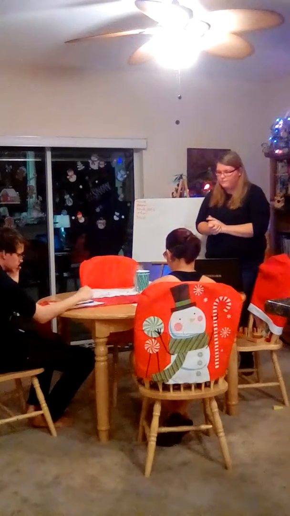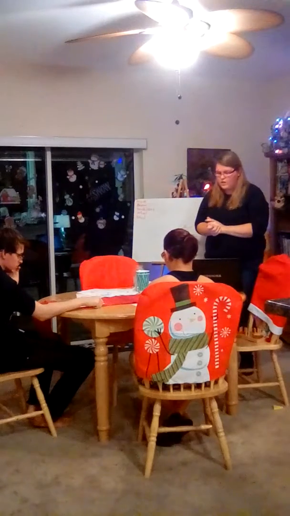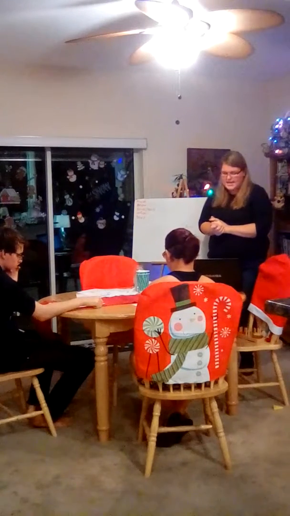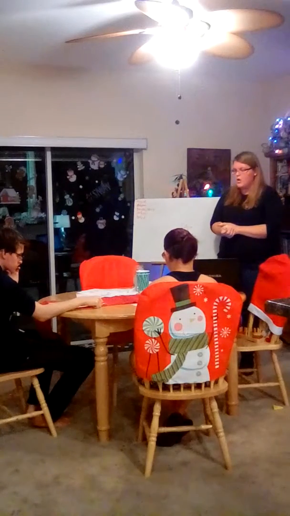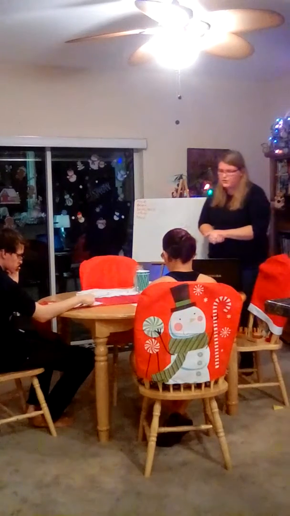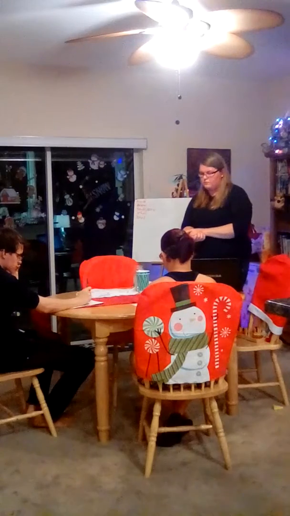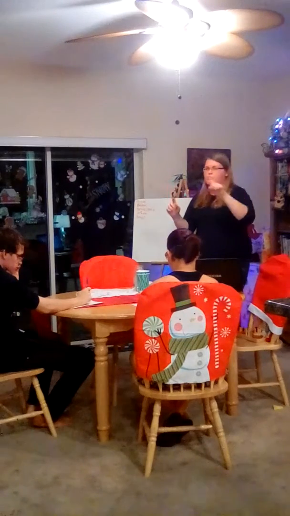I want you to find the triangle. And then I want you to look next to it. I want you to circle the shape that's next to the triangle. This one could have two answers. I just want you to circle one of them.